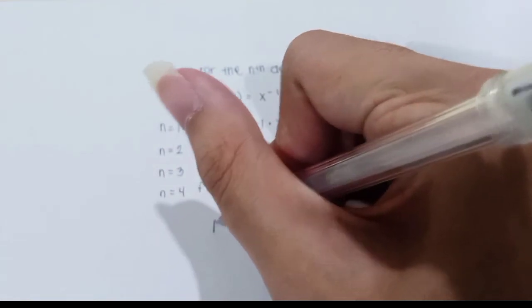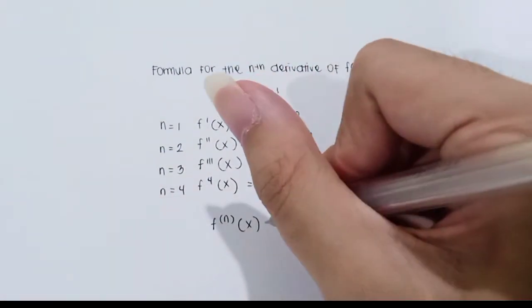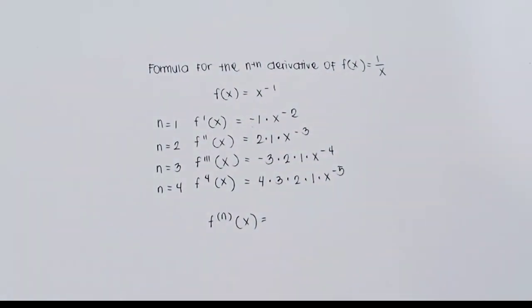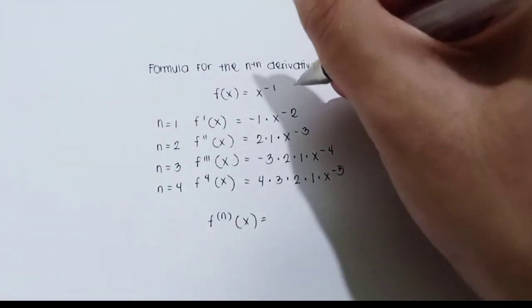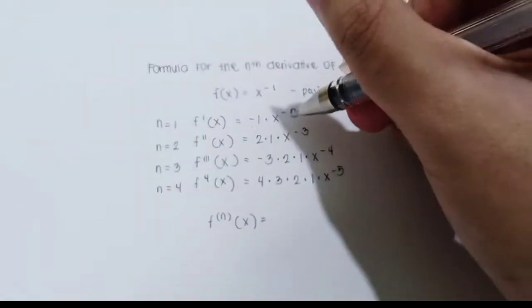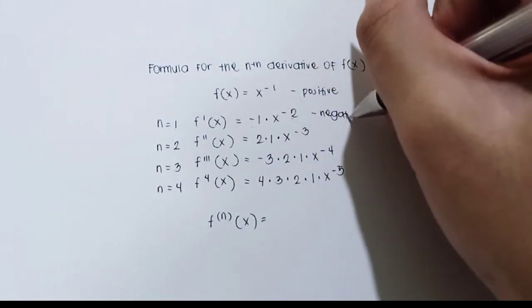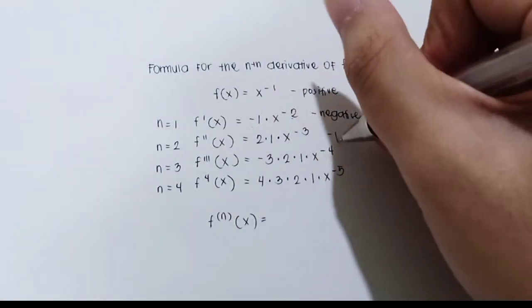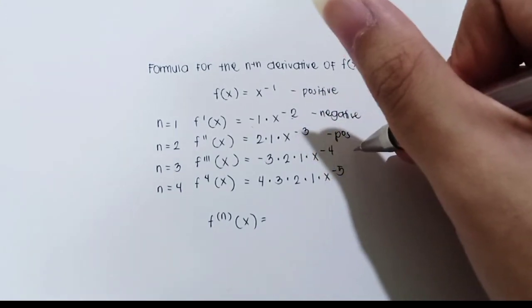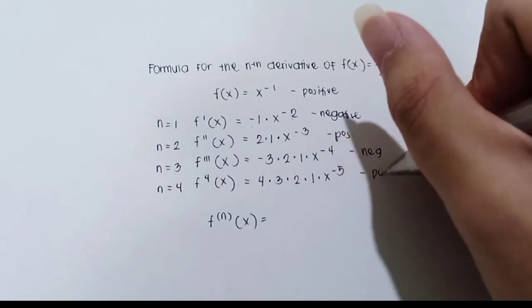So the nth derivative of the function is equal to... So first, let's deal with the positive and negatives. Here we can see that this is positive. Here we can see that this is negative. Here positive, here negative, and then here positive.